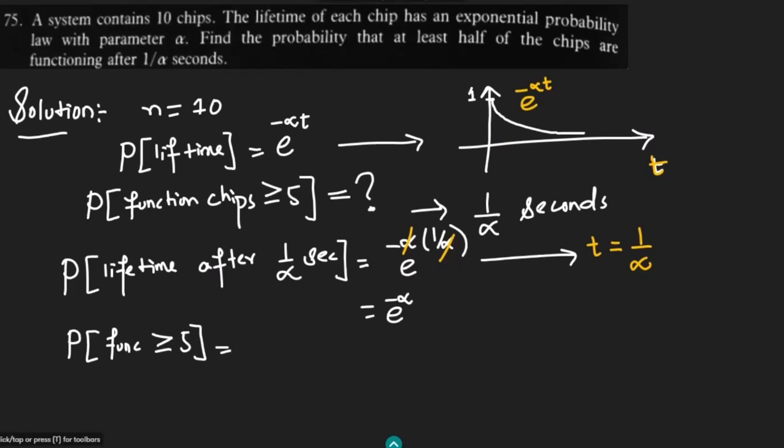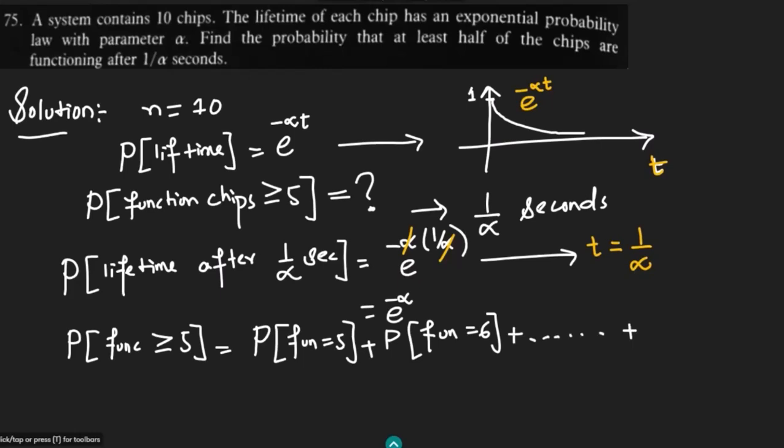It would be the probability that functioning chips are equal to 5, or the probability that functioning chips are equal to 6, up to the probability that functioning chips are equal to 10. Okay, so these are all the values which I want to find out, and that's it.